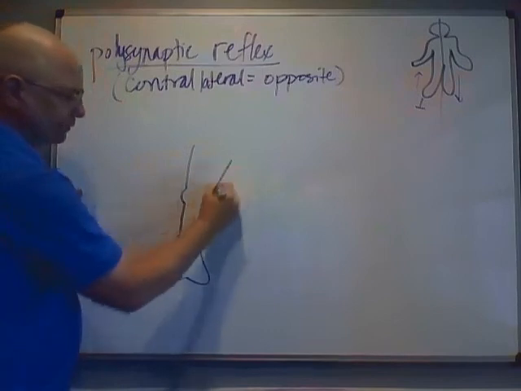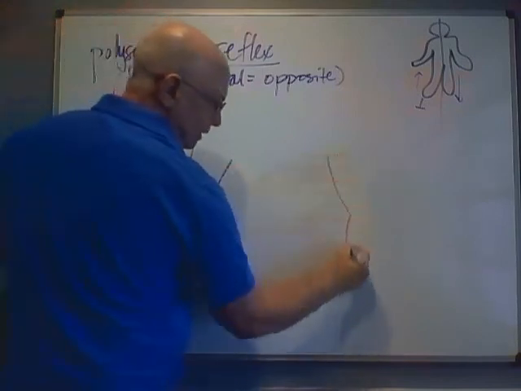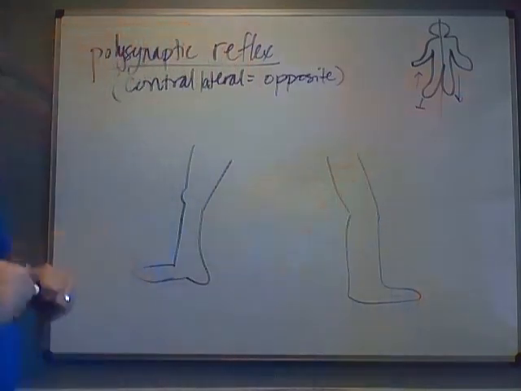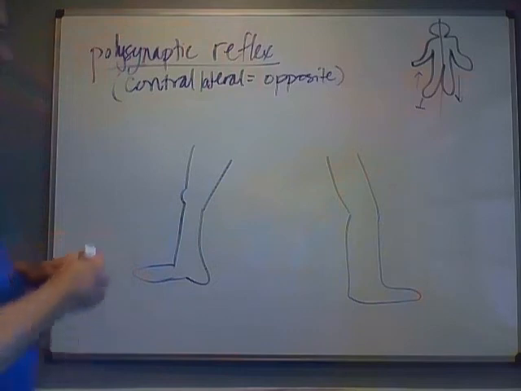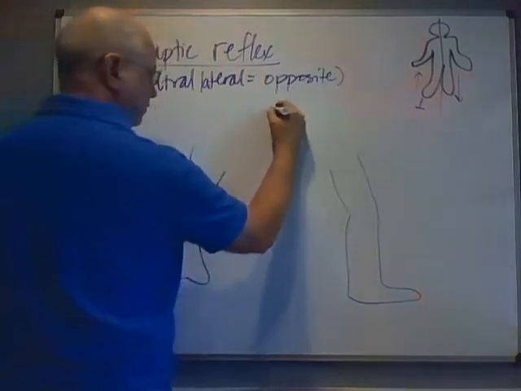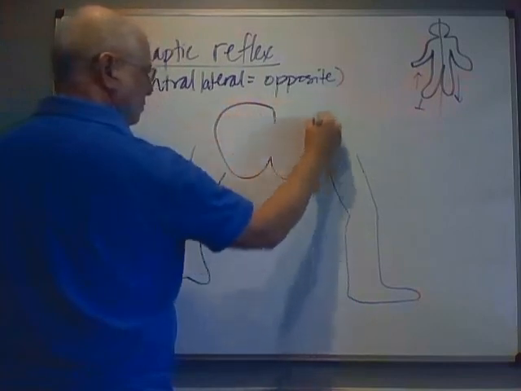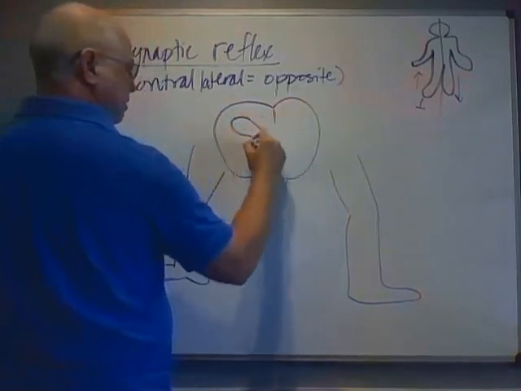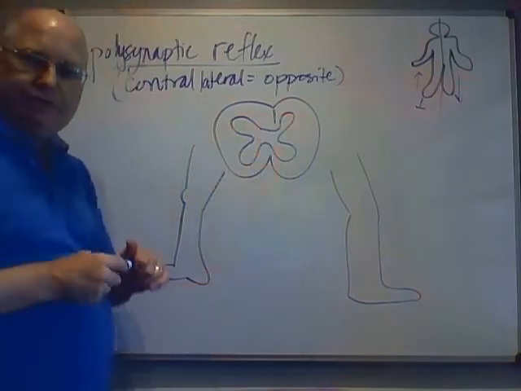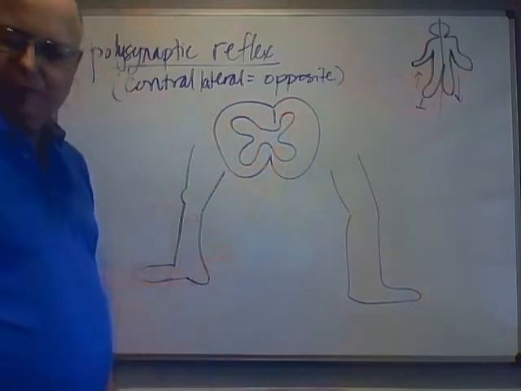Here's the opposite leg, okay? Now, I'm going to have my spinal cord here in the middle, okay? I hope you can see all that. It's a crude drawing, but you'll get this.